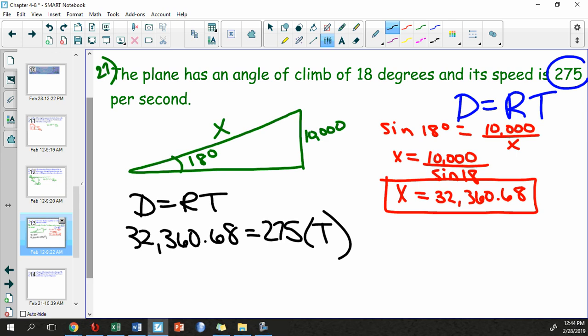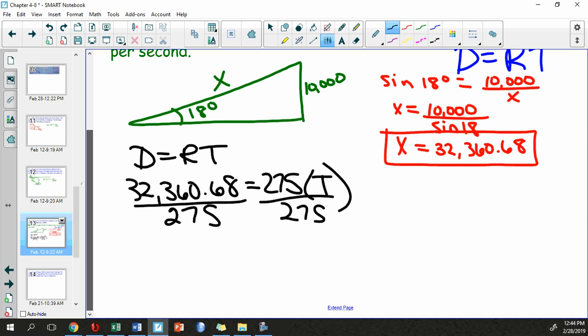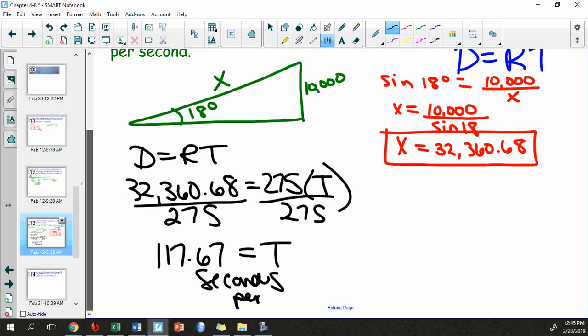So how do I find the time? Divide by 275. And whenever you do that, we're going to get 117.67 is your time. And this is seconds.